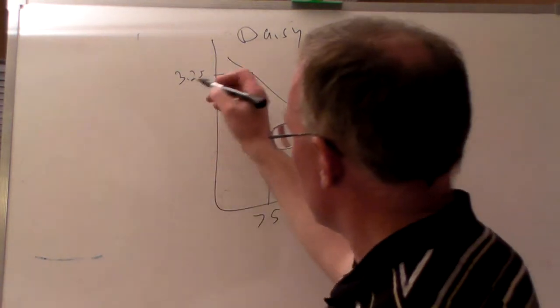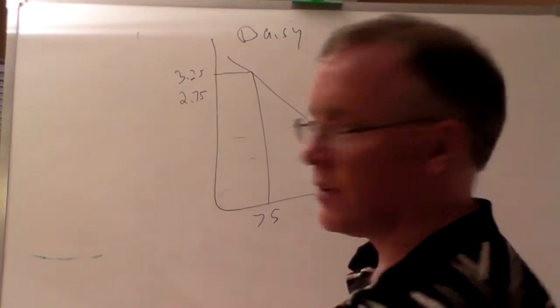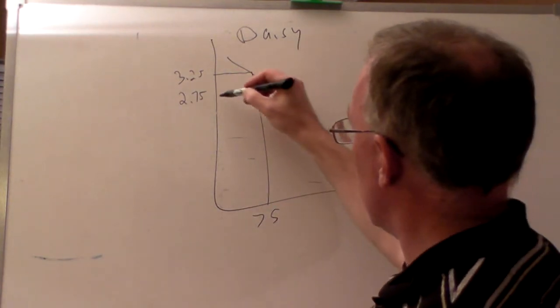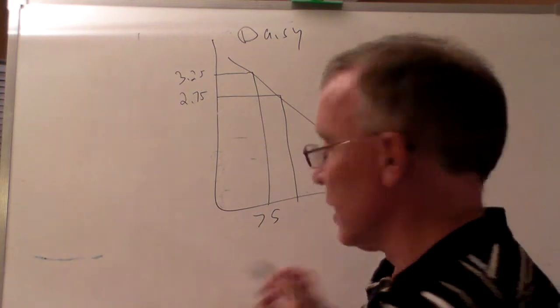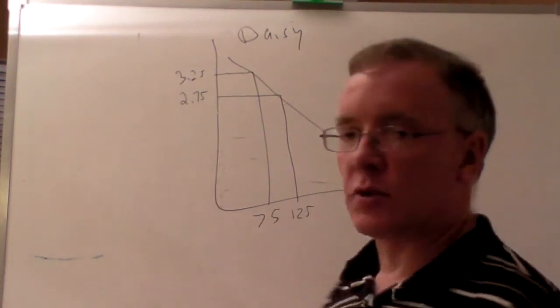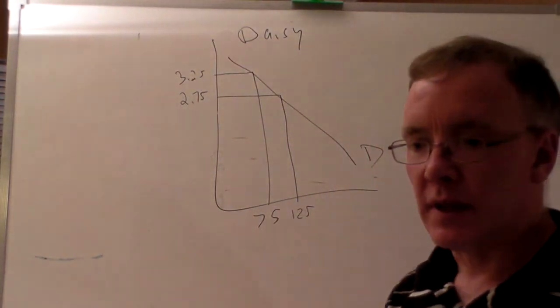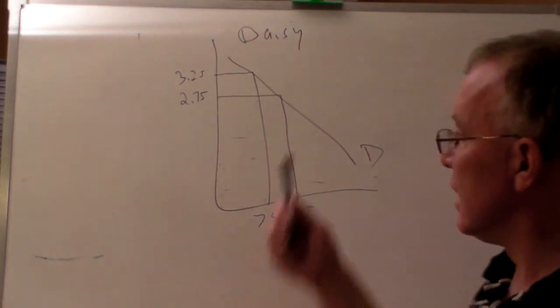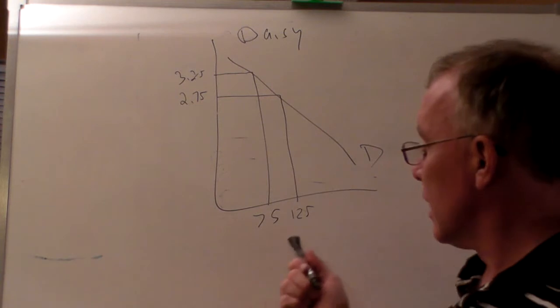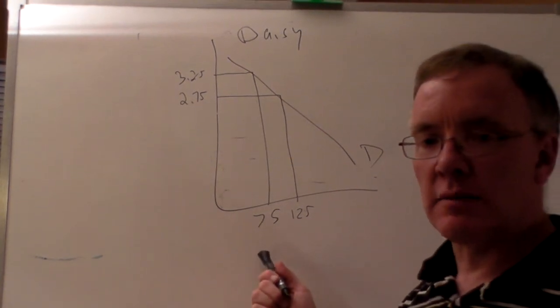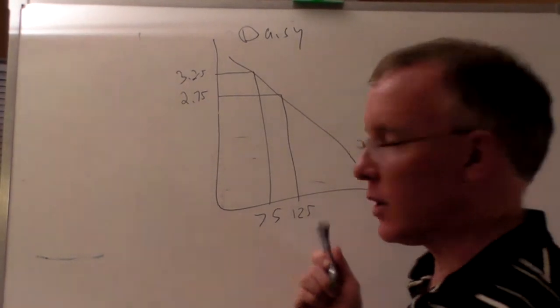And so let's say they lower the price to $2.75. And after they lowered the price to $2.75, and I didn't necessarily draw this to scale, they are selling 125 ice cream cones a day. So let's calculate the elasticity of a price drop from $3.25 to $2.75, changing the quantity demanded from 75 to 125.